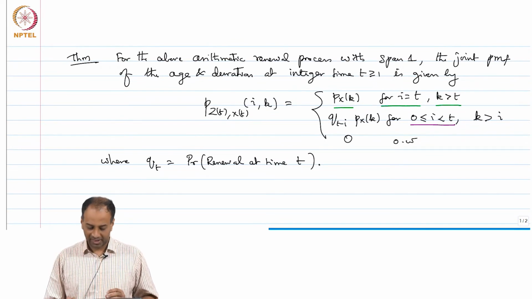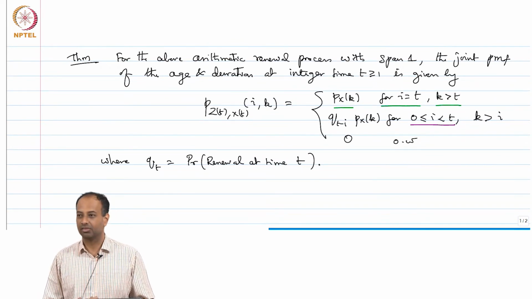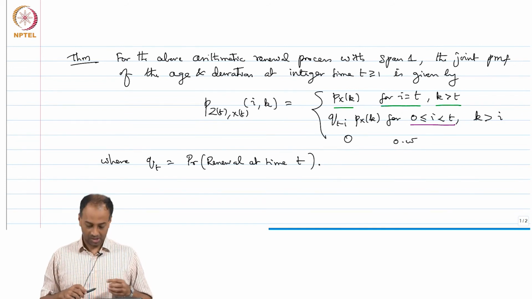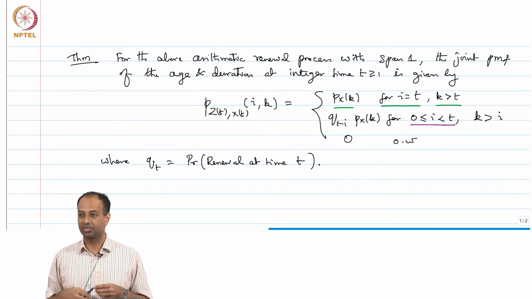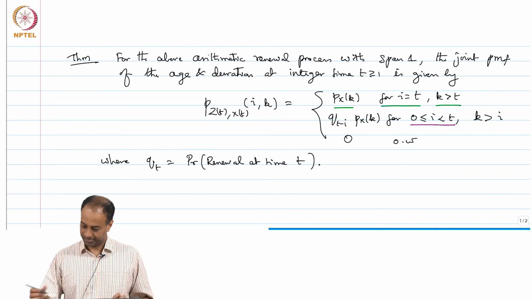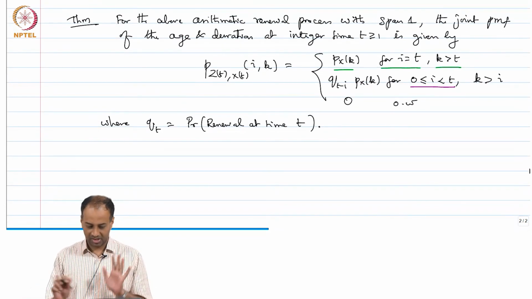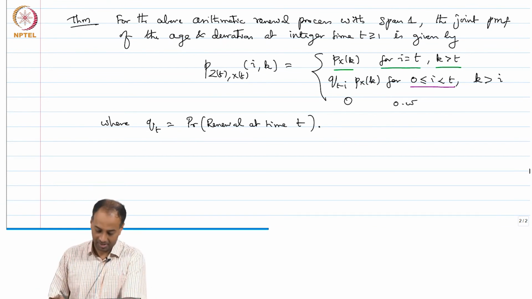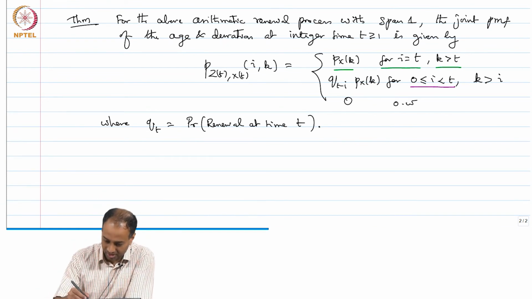Now, can we characterize this q t minus I for finite t? It is some function of t, but as t tends to infinity you should be able to characterize q t, correct. So this theorem is valid as it is, it is exact and it is not difficult to prove.